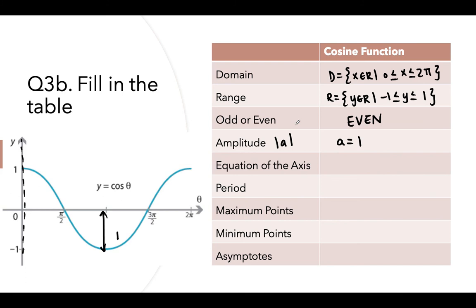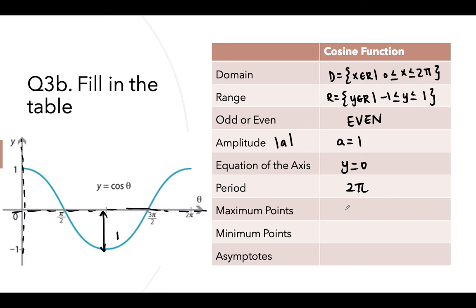Equation of axis, you're going to do the maximum plus the minimum divided by 2. So y is equal to 0. It's right in the middle over here. Period is 2 pi. Okay, it ends at 2 pi.